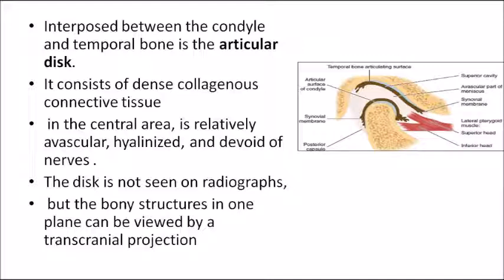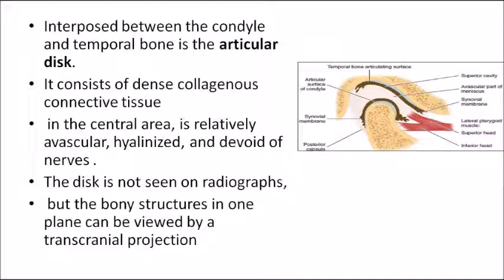Please remember, the articular disc is nothing but a dense collagenous connective tissue between the articulating surface of the condyle and the temporal bone, and in the central area it is hyalinized, avascular and devoid of nerve supply.